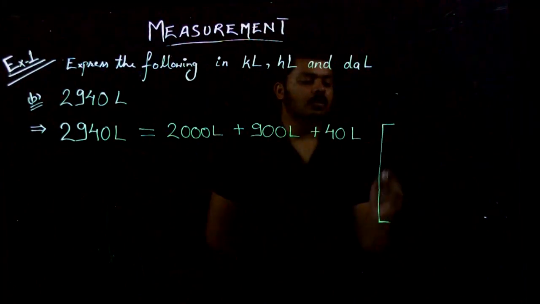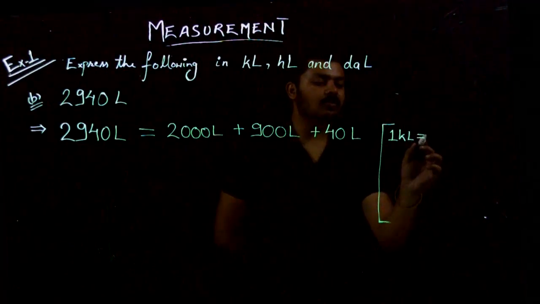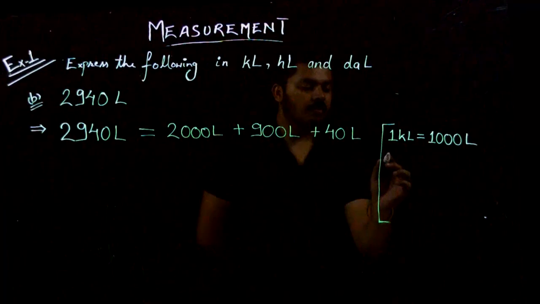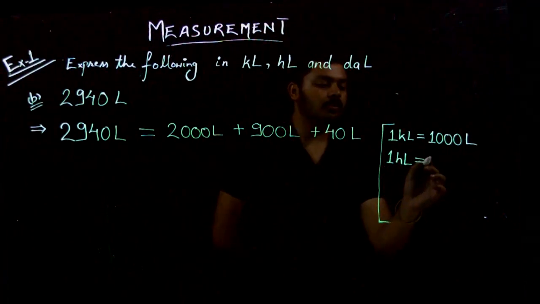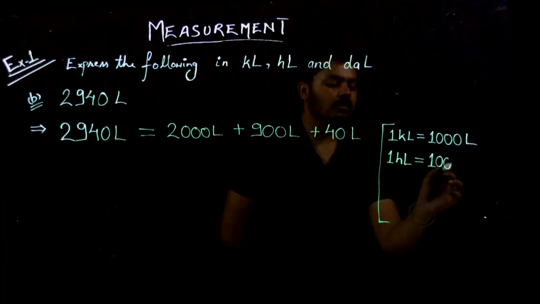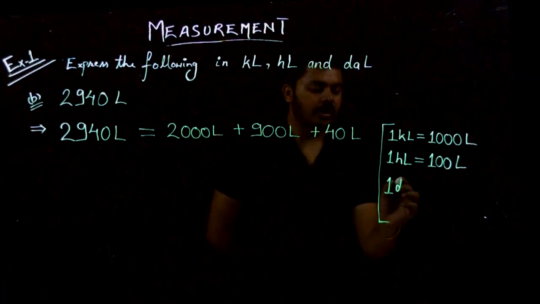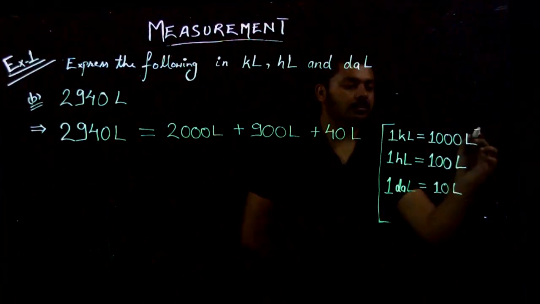Now we know that 1 kiloliter is equal to 1000 liters, 1 hectoliter is equal to 100 liters and 1 decaliter is equal to 10 liters.